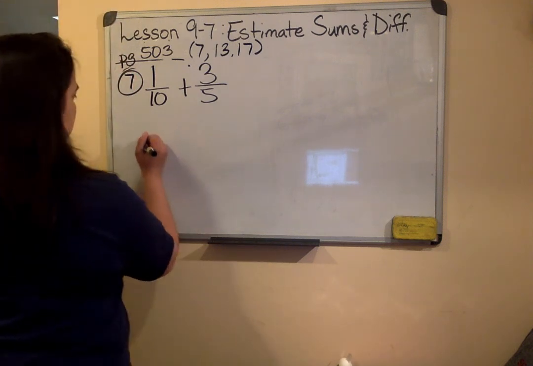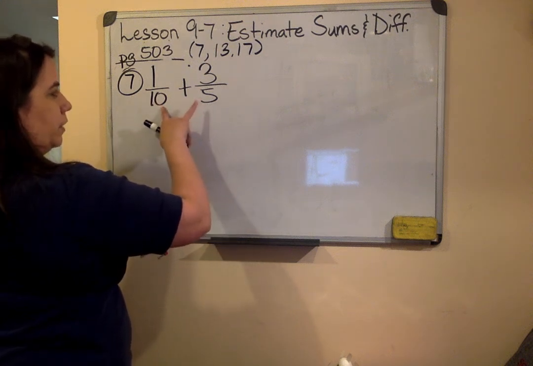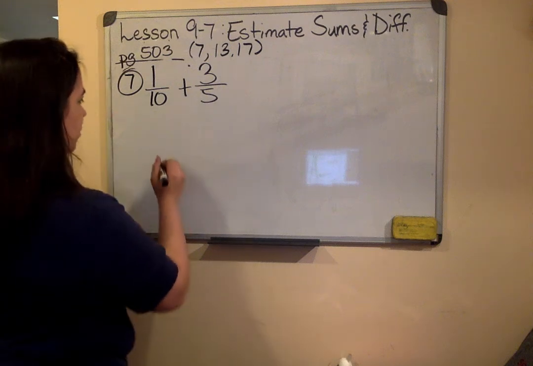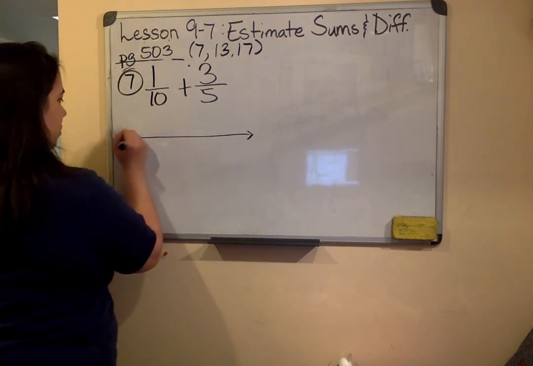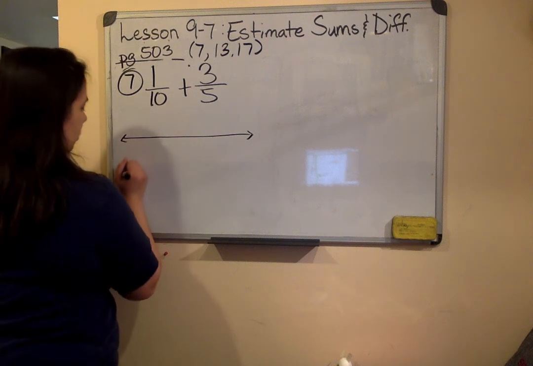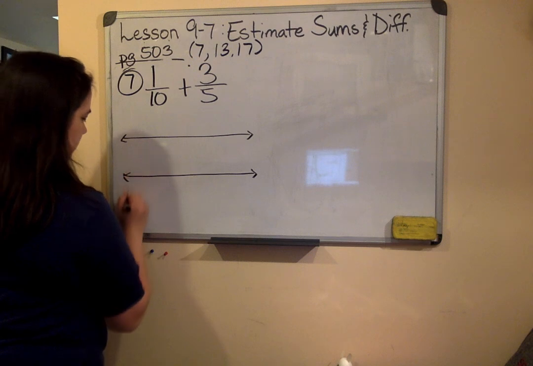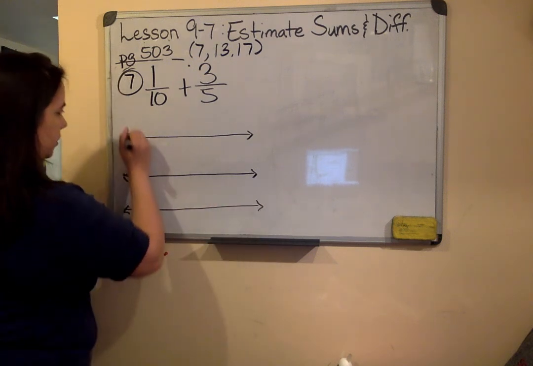So I'm going to go ahead and draw my 3 number lines, 3 líneas, 1 for the 10th and 1 for the 5th, and then of course 1 for the benchmarks. Uno para las fracciones del común, uno para el décimo, uno para el quinto. Okay? You got 0.